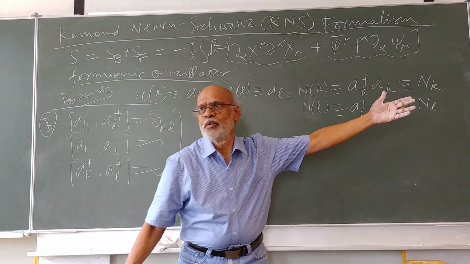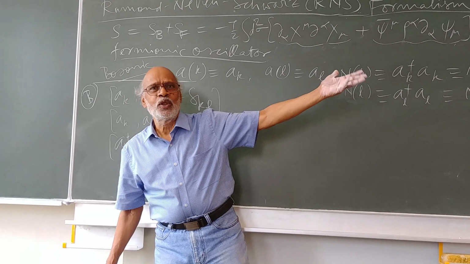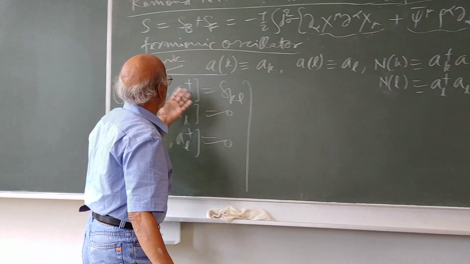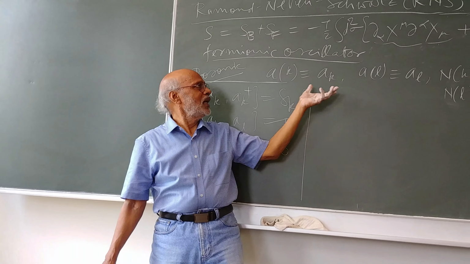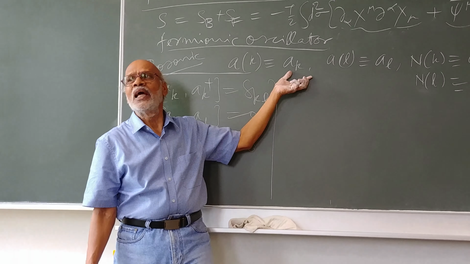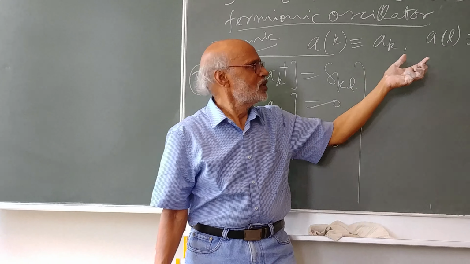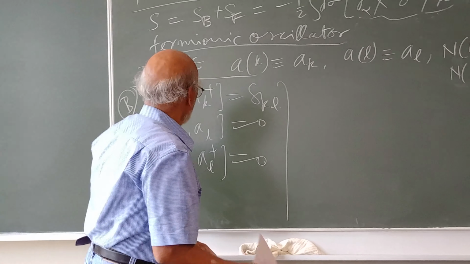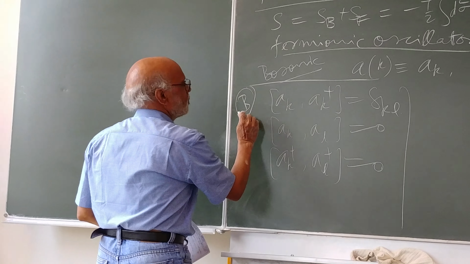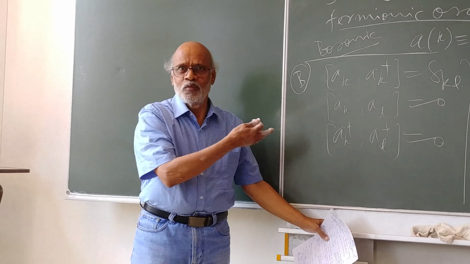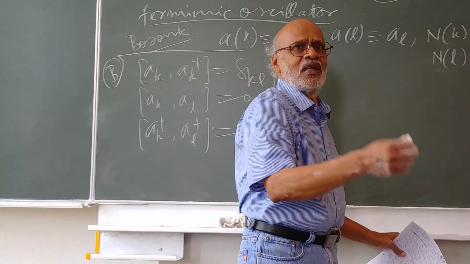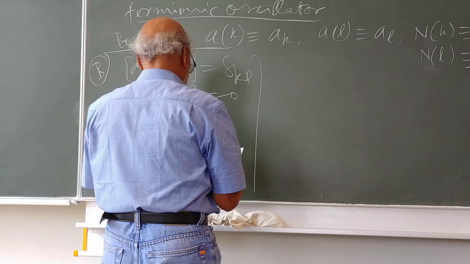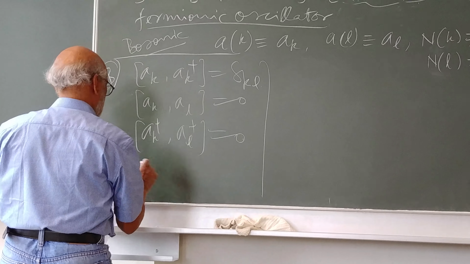Because for this second fermionic part, we need to understand the fermionic oscillator and the fermionic modes, okay? That is just the idea, and this is just the convention that I could write A of K as either this or as a subscript, okay? Similarly, A of L as A subscript L, and so on. These are the standard properties of the bosonic oscillator that we have seen in the one-dimensional harmonic oscillator, right? We did this in detail.